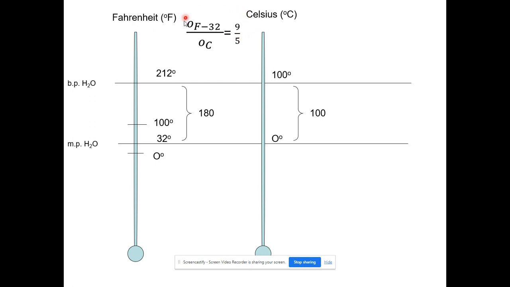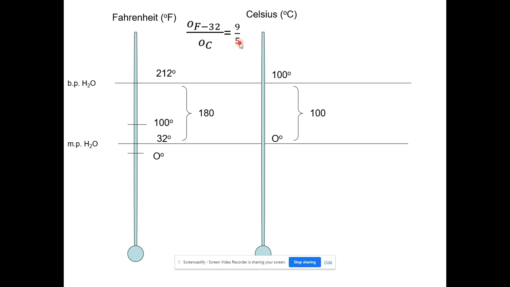So when we do our problems where we convert Fahrenheit to Celsius or Celsius to Fahrenheit, you use this equation: degrees Fahrenheit minus 32 over degrees Celsius is equal to 9 over 5. Remember that the 9 over 5 comes from the ratio 180 over 100, just reduced to lowest terms.